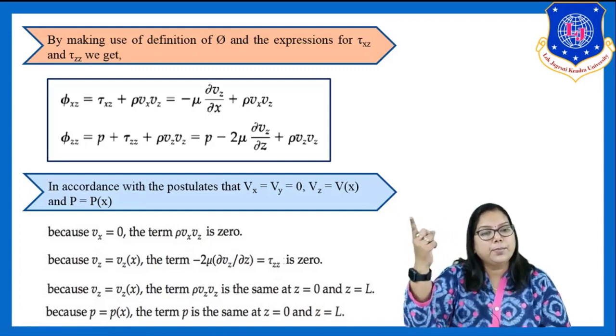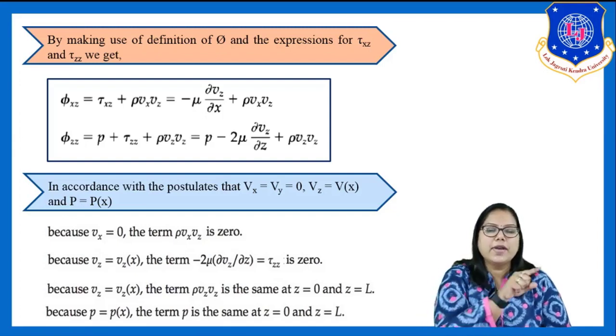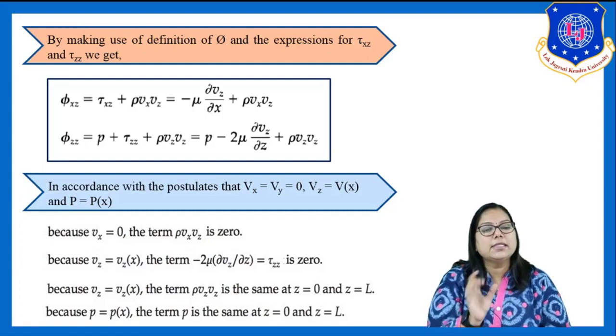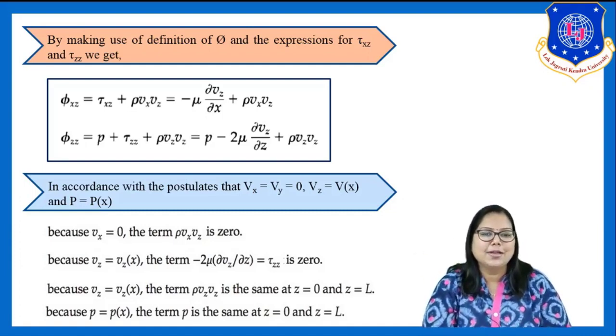So in the previous equation number 3, we have phi zz at z equals 0 minus phi zz at z equals L. Now this rho Vz is the same at both, so it will be cancelled out.